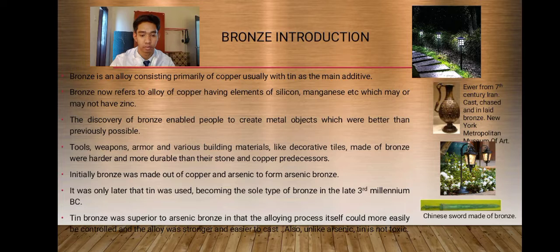And the last, tin bronze was superior to arsenic bronze in that the alloying process itself could more easily be controlled, and the alloy was stronger and easier to cast. Also, unlike arsenic, tin is not toxic.